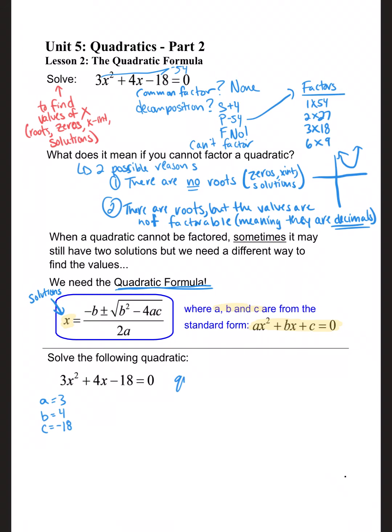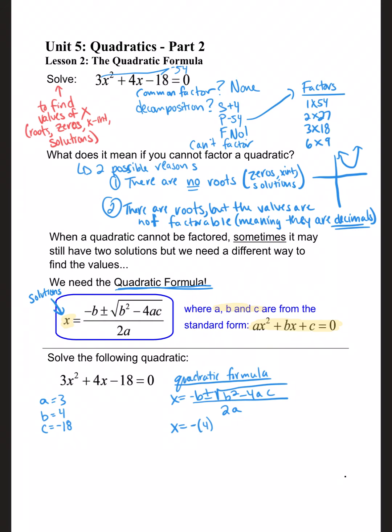So the quadratic formula, just so we get used to writing it, is x equals negative b plus or minus the square root of b squared minus 4ac all over 2a. Okay, so let's start plugging our values in, and then we're going to talk about how we're going to calculate this. We have a negative b, so my b value is 4.